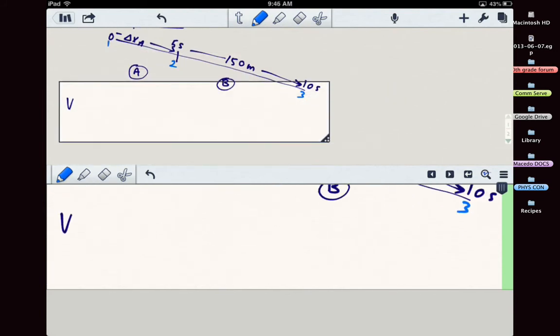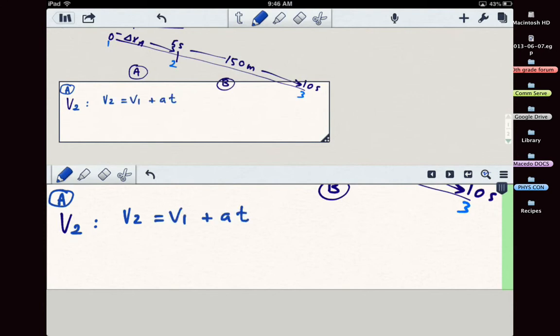So what I'm basically saying is, for the first half, for part A, V2 could be found by taking a look at the simple equation V2 equals V1 plus AT.